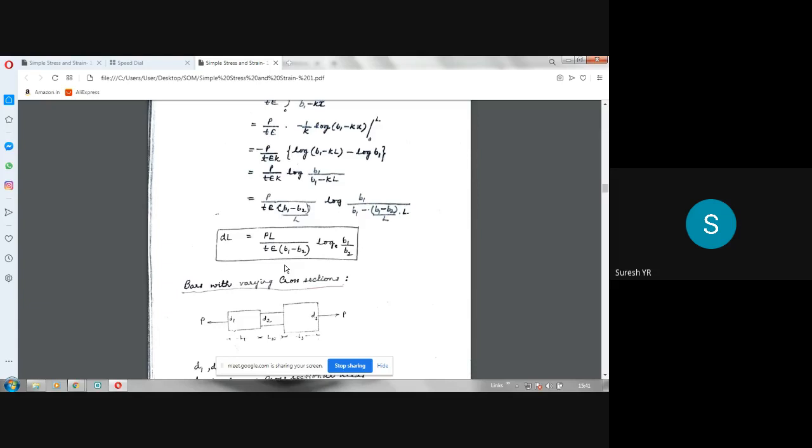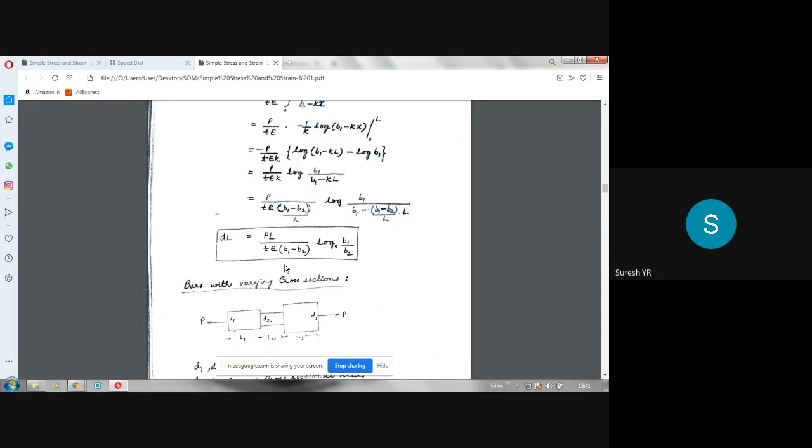This is the formula to find the elongation of a tapering rectangular rod. So we have discussed three types of bars. Uniform bar, it can be circular or rectangular or square, whatever the shape, the cross-sectional area remains the same. In that case, elongation is given by PL by AE, that's all.